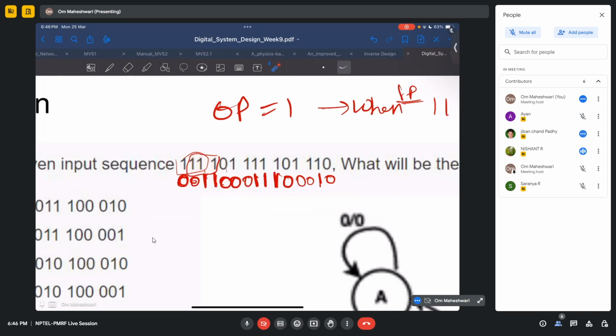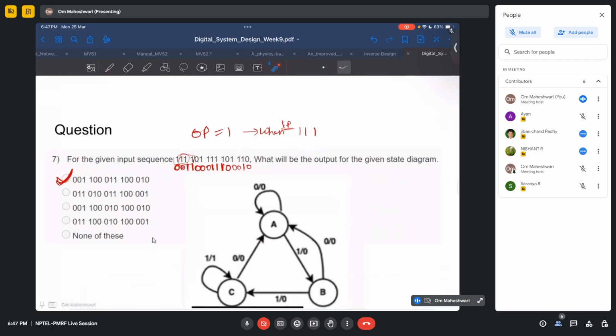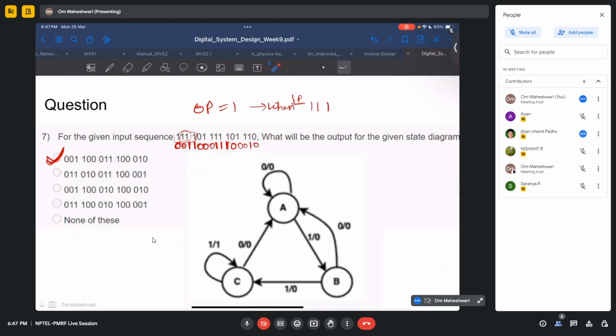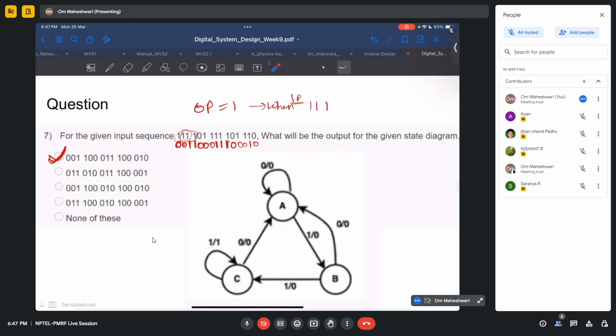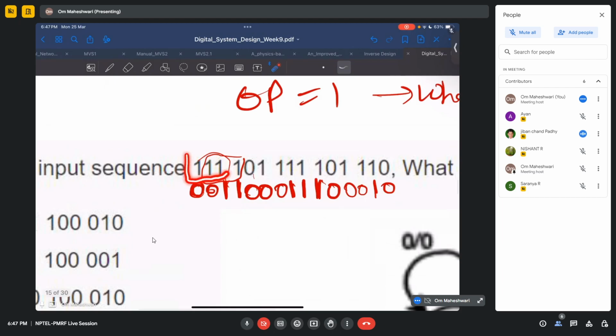Yes. Yeah, that is true. That I do not know without the diagram. This is overlapping. This 111, this 111.